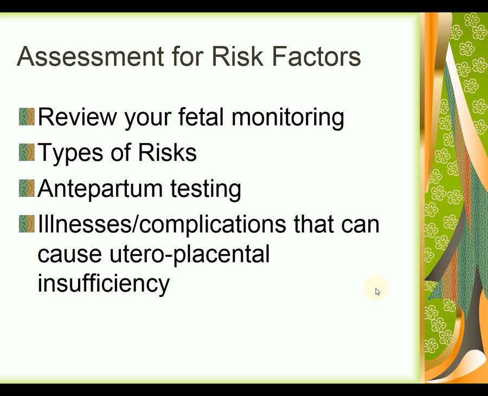It's to help us assess fetal well-being and see how the fetus is tolerating the labor. So we have different types of risks that we're going to look at. Antepartum testing we're going to look at, and then some of the illnesses and complications that can cause uteroplacental insufficiency.